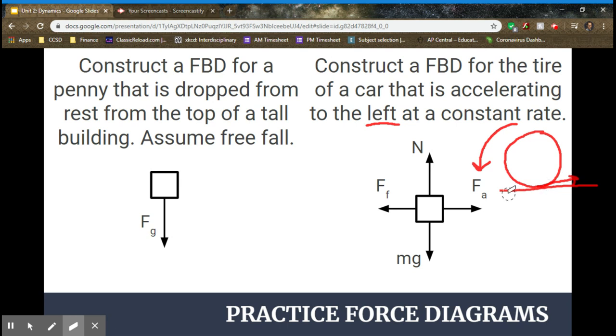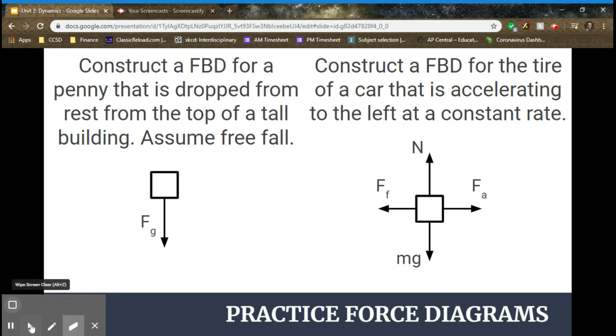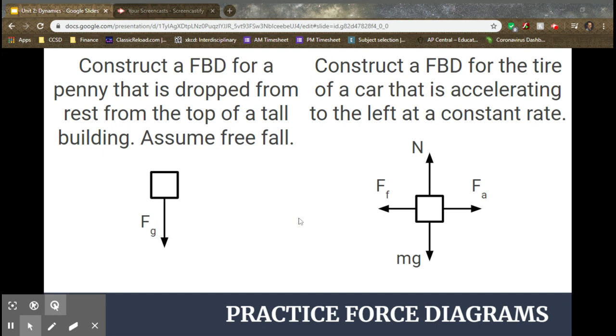Friction always opposes that attempted motion, that attempted acceleration. So the friction force is then going to the right, and that friction force is what pushes the car forward, okay? Normal force is going up because our surface is flat, and then the force of gravity is always, always, always down, okay?